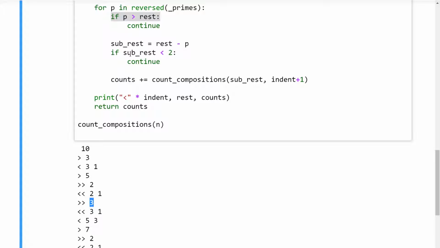Okay, then maybe I should look at this tree stuff that I have here. Maybe it is the max P.